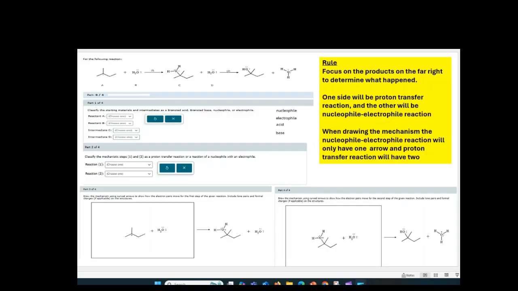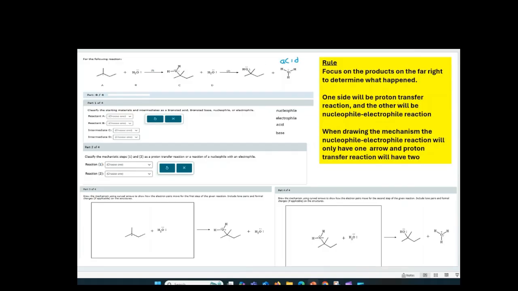So okay, it's going to show us four compounds, A, B, C, and D. What it wants us to do is label them as acid, base, nucleophile, or electrophile. My pro tip for this is I look at the products on the far side to see if I can identify an acid or a base, and I identify an acid right here, which is hydronium.